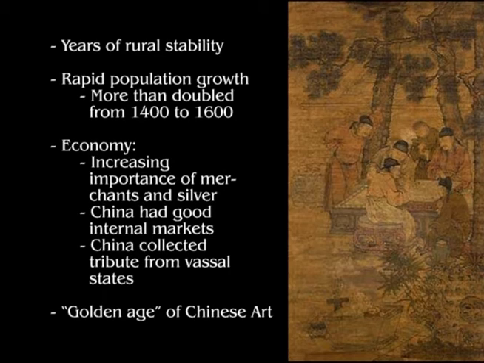So if you flip to the next slide, you'll see that especially in the first century and a half of the Ming period, we have years of rural stability, we have rapid population growth with the population doubling from 1400 to 1600, and we've got an economy that China's doing quite well in because China has things that the rest of the world wants.